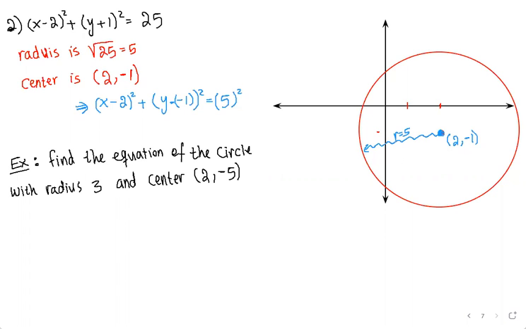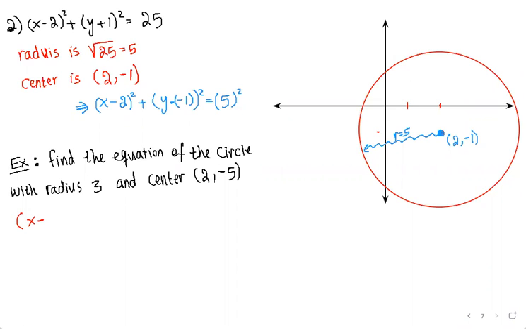So you just plug the radius and the center into the original formula for the circle. So what's the original formula for the circle? Is it x plus 2, or x minus 2? Give me the equation first.